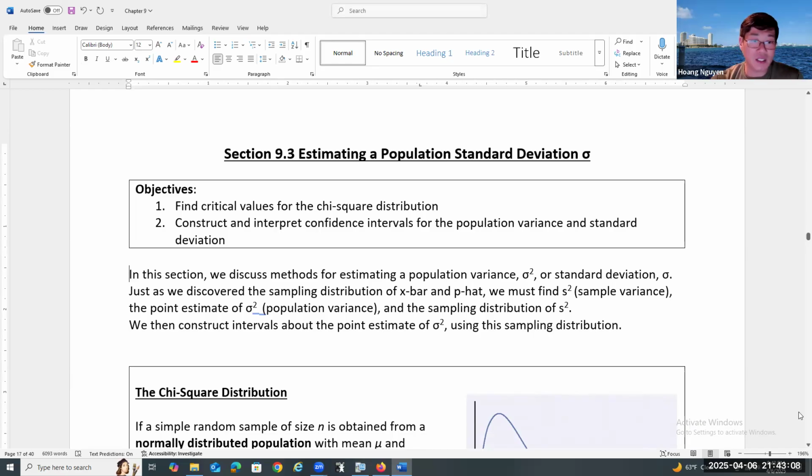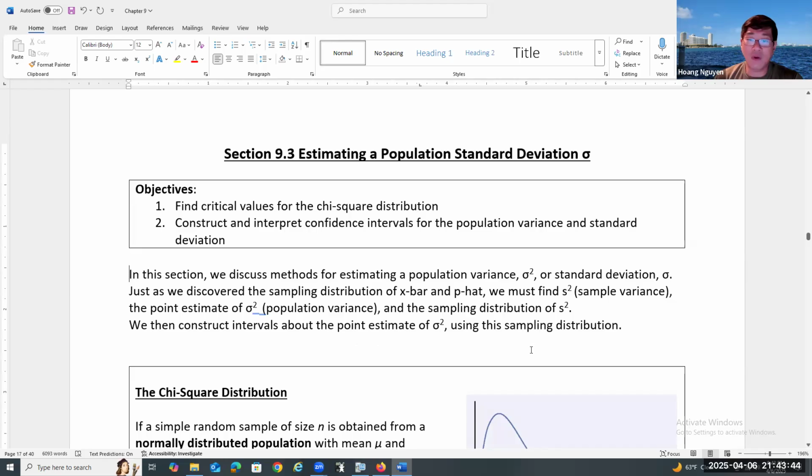Just as we discovered the sampling distribution for the sample mean x bar and the sample proportion p hat, we need to find the sample variance as a point estimate of the population variance, and then what kind of distribution it follows. Then we're going to use that to construct the confidence interval to estimate the population variance using this sampling distribution.